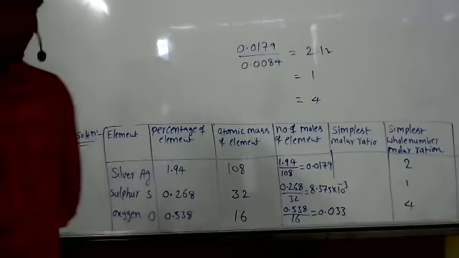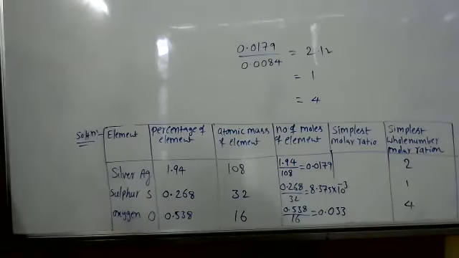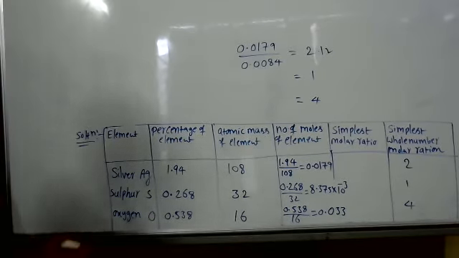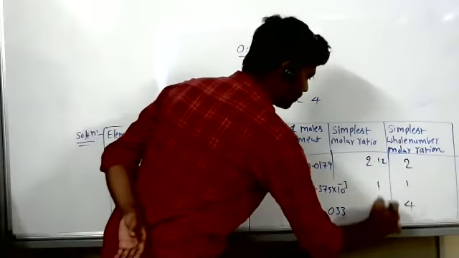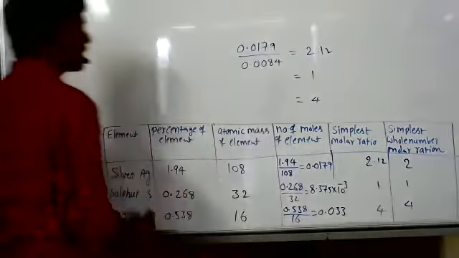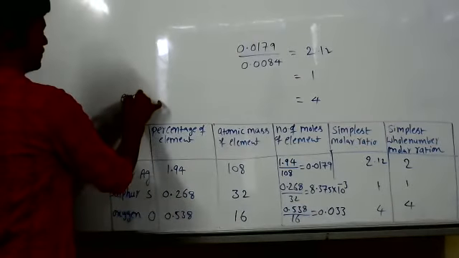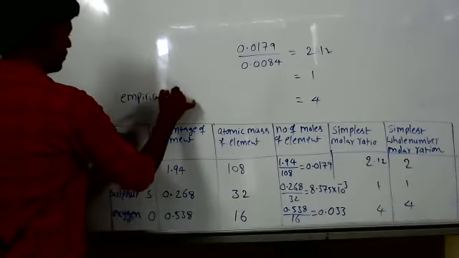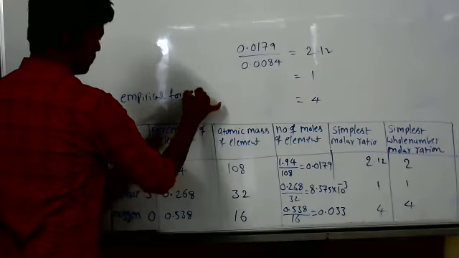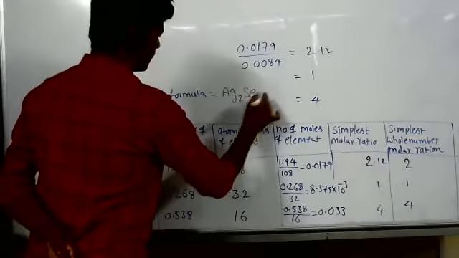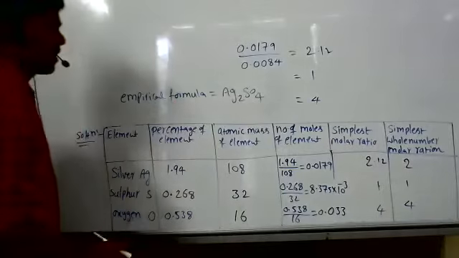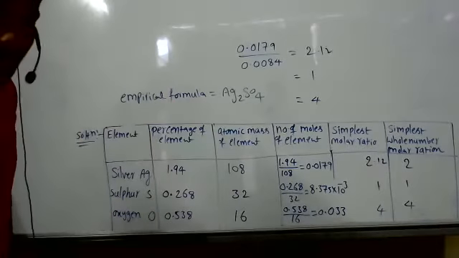Now the formula is the empirical formula, Ag2SO4. So we write the values. Sir, why is only 0.3 neglected? It is not neglected, that is also what I'm saying.